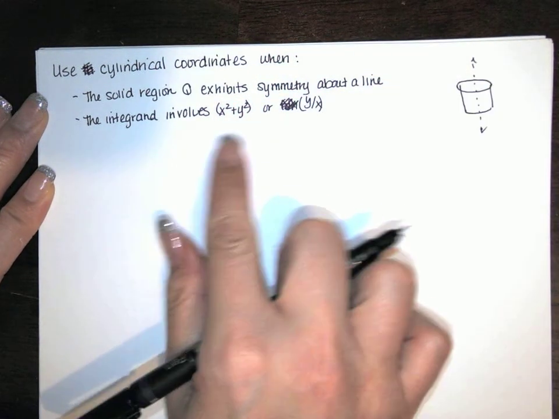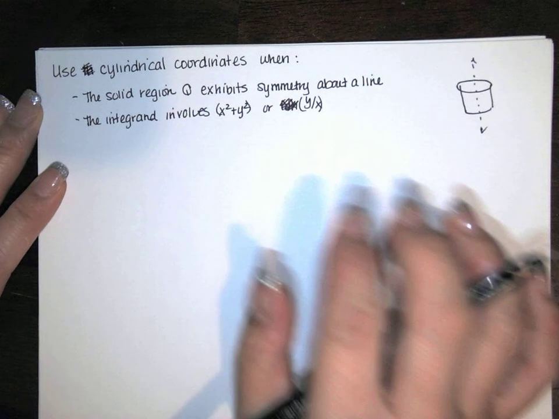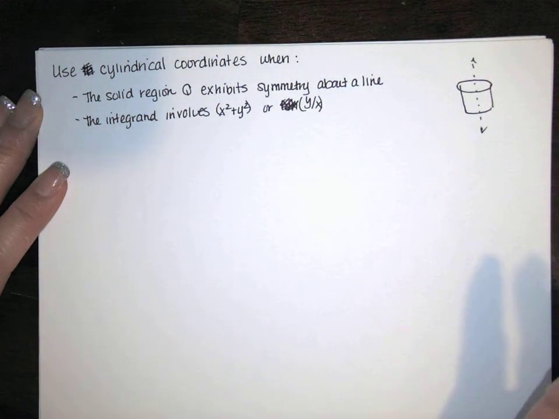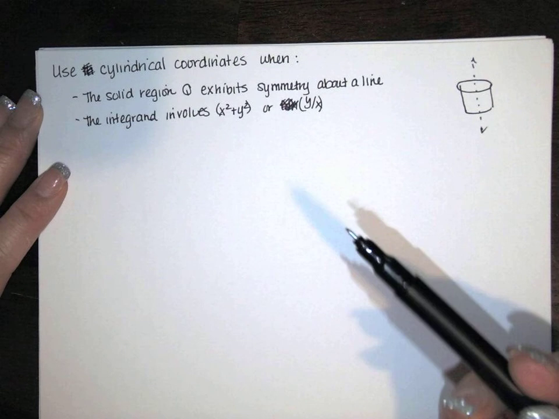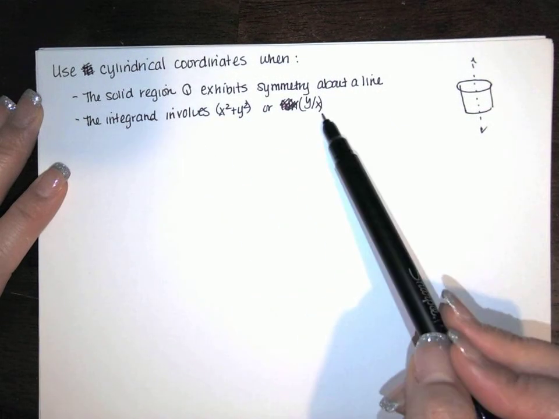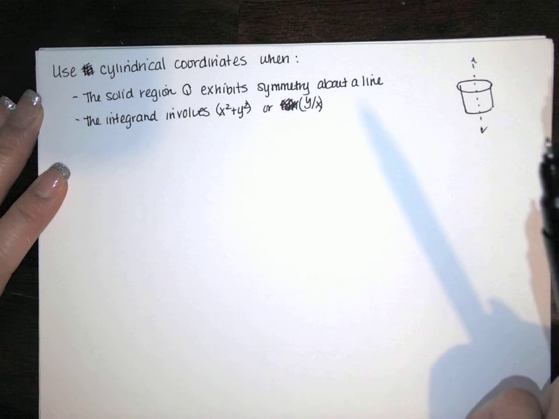Because if the integrand involves x squared plus y squared, or y over x can be replaced by the tangent of theta, and x squared plus y squared can be replaced with r squared. So we might want to go to cylindrical coordinates if we can simplify the integrand by using our cylindrical coordinates formulas.